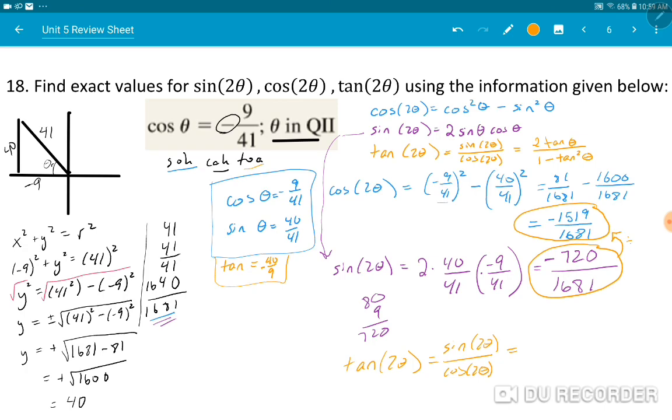I have a common denominator of 1681, so those drop out. I have two negatives, and negative divided by negative gives me a positive. My 1681 drops out, and I'm left with 720 over 1519. Those are my three final answers.